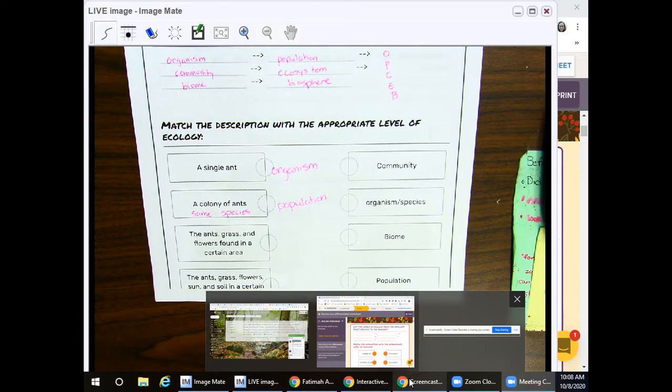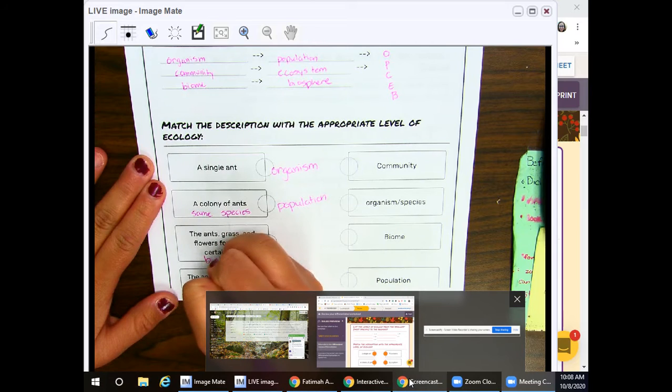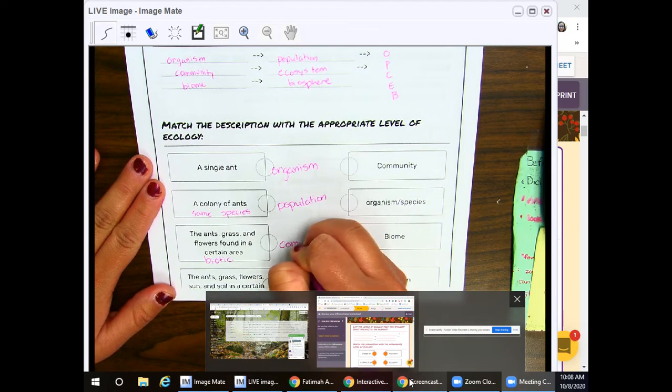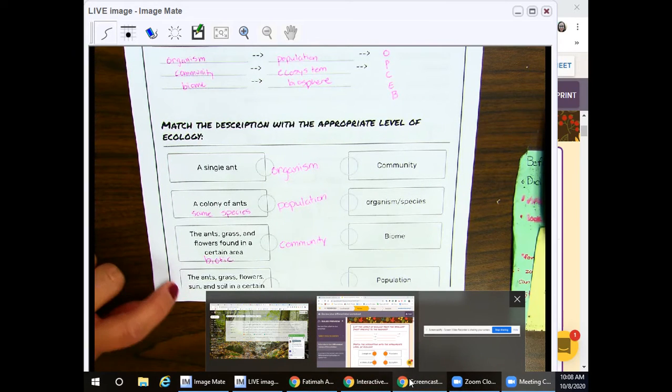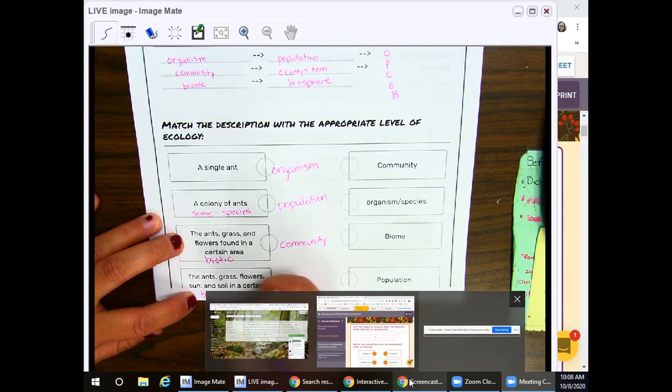The ants, grass, and flowers, these are all biotic, which means they're all living. So we say that's the community. The ants, grass, flowers, and sun, that's everything that's biotic and abiotic. So we call that an ecosystem.